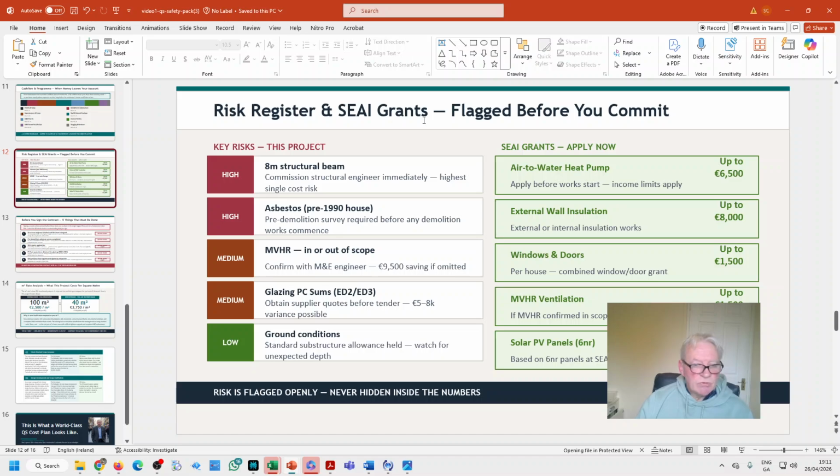And then I do a risk register: steel, asbestos high, then M&E, glazing options, ground conditions. Well, ground conditions, the outcrop of the Wicklow Mountains starts in Blackrock, the home of the Black Rocks, and the outcrop of the granite that was upfolded to form the Dublin Wicklow Mountains starts there and raises up.